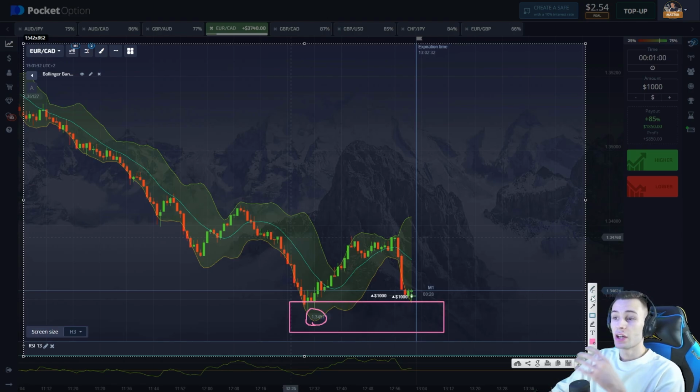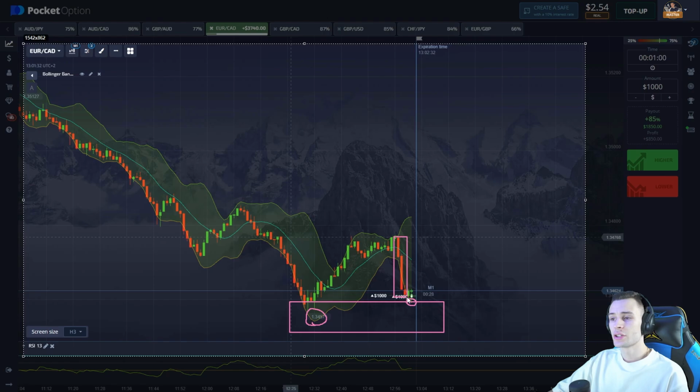Then we see the touch of this zone, then a rebound, and I wanted to open the position right here, but we were a little bit late, guys. I think that after this huge correction, the rebound is imminent.